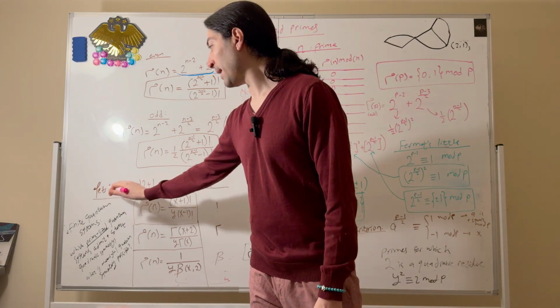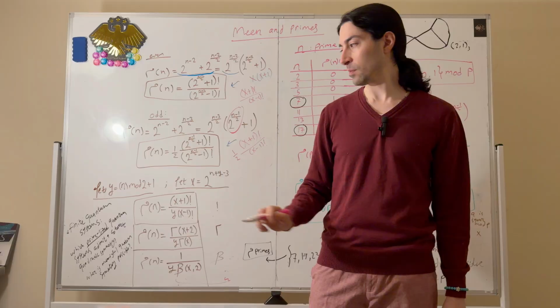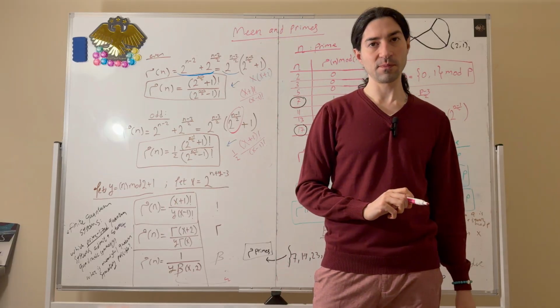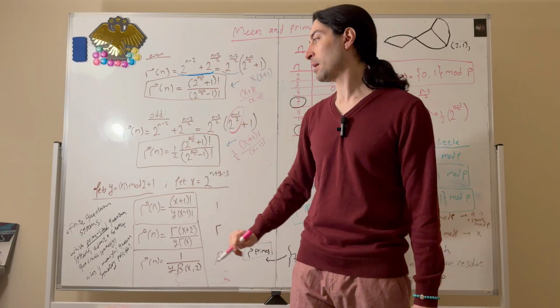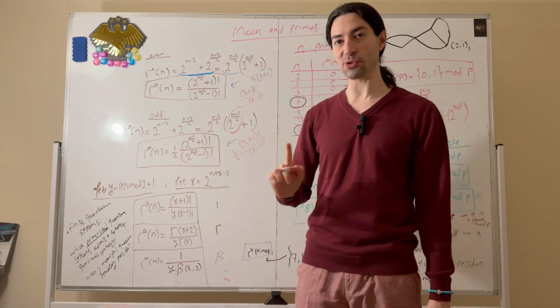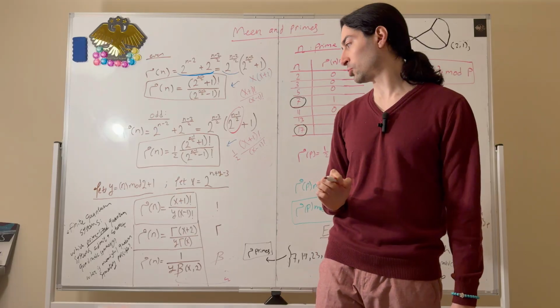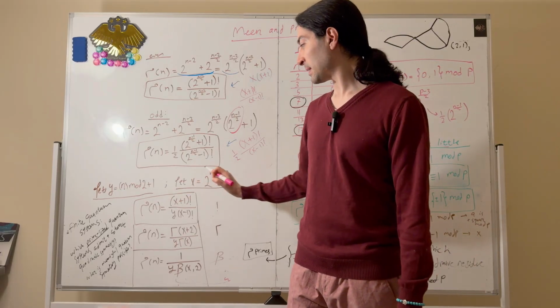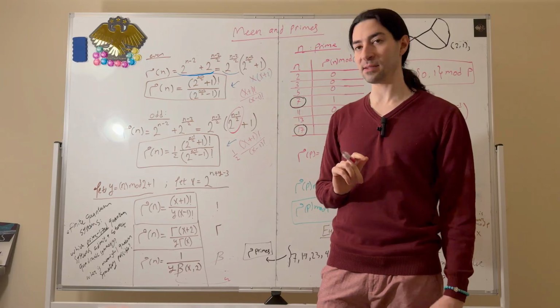So let y equal n mod 2 plus 1. So if n is equal to 3, we will say 3 mod 2 is 1, plus 1 equals 2. So y will be equal to 2. And let x be 2 to the power of (n plus y minus 3).